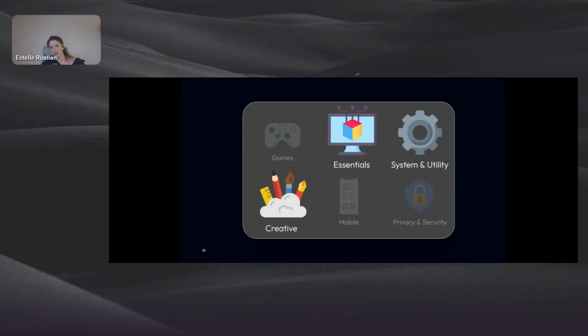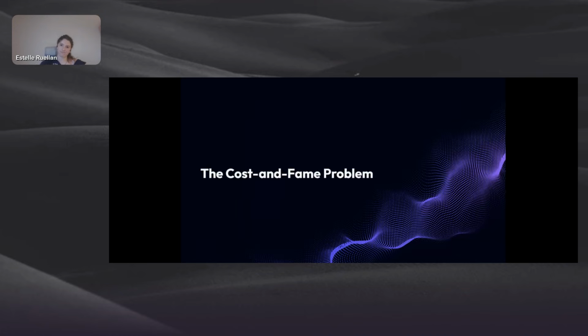The second thing I want to talk about concerns 3 types of targeted entity: the essentials, the system and utility, and the creative software. And all of them had the same problem, which was leveraged by the threat actor, and it's what I named the cost and fame problem.